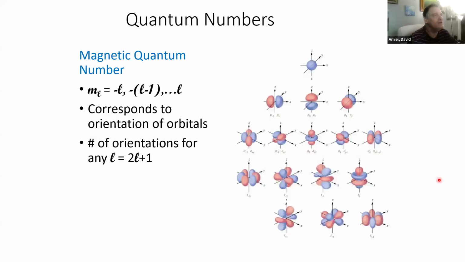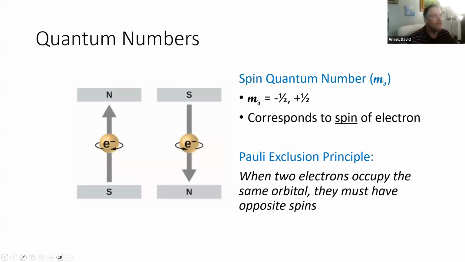So if you go back to these diagrams here of the s, the p's, the d's, each one of these can hold 2 electrons. Every orbital can hold 2 electrons. The Pauli exclusion principle says that they cannot have the same spin. If you're going to dump 2 electrons in the same orbital, one has to be spin up, one has to be spin down. The Pauli exclusion principle.